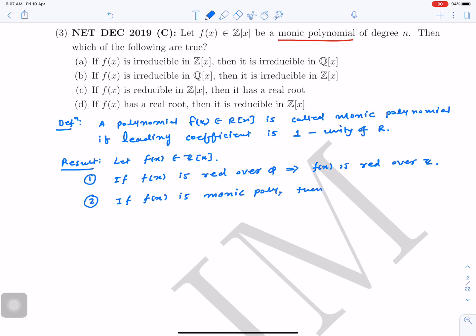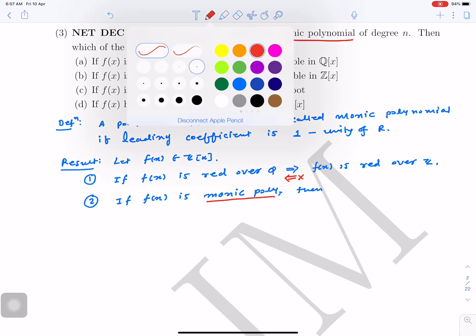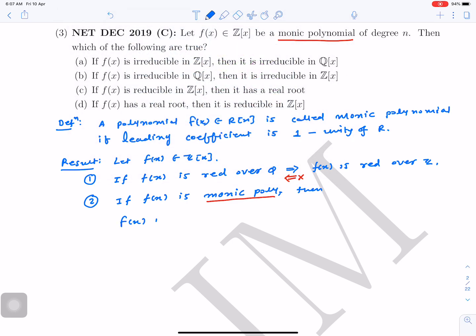then, see, in the first result, if f(x) is reducible over Q, implies f(x) is reducible over Z, but the converse is not true. But if I consider f(x) a monic polynomial, then we have this result: f(x) is reducible over Q implies f(x) is reducible over Z, and the converse is also true.